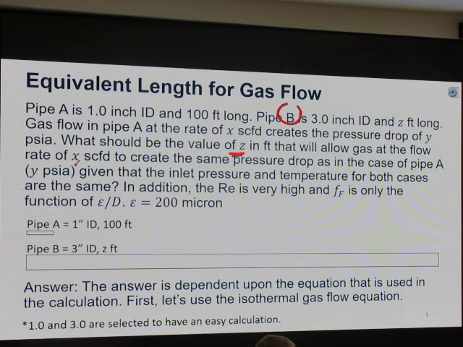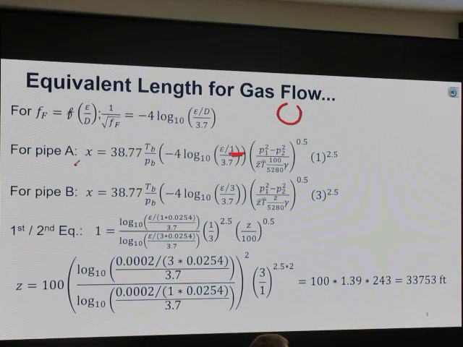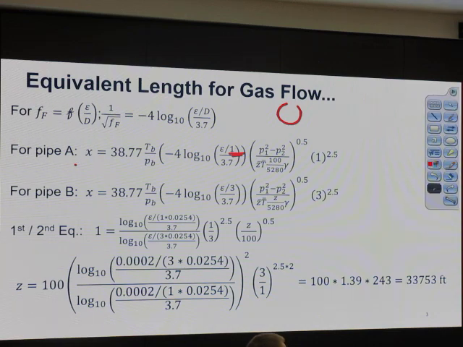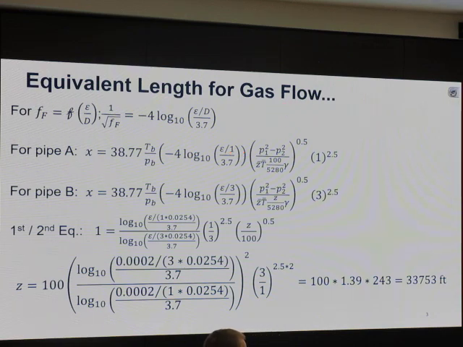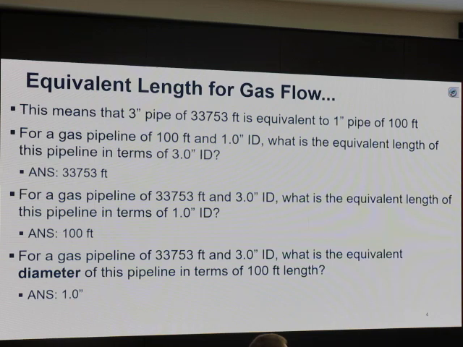So the answer is dependent upon the equation that is used in the calculation. So if we go through, we still have a lot more time, we still go through the isothermal case. Let us do another first slide. Maybe just this, okay? We can go back to the first slide.